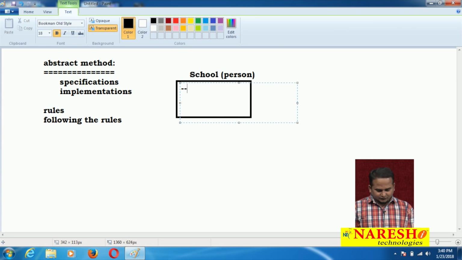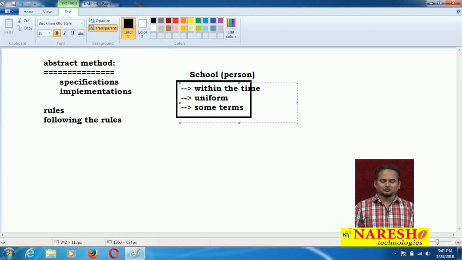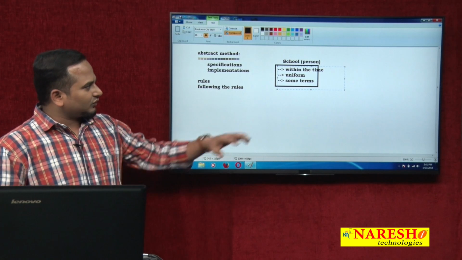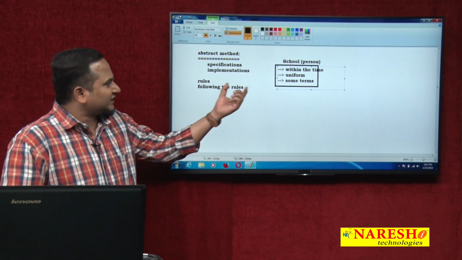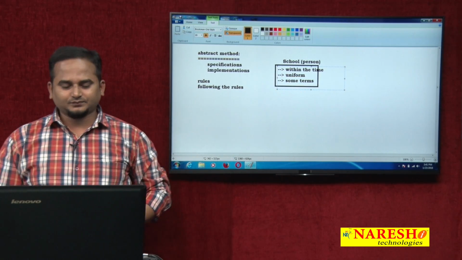What are those rules? You must and should come to the classes within the time, you must and should maintain an appropriate uniform, and third, you must and should pay the fee in some terms, maybe 2 terms or 3 terms, whatever it may be. So, the things which are given by the school principal, those things are technically called rules.